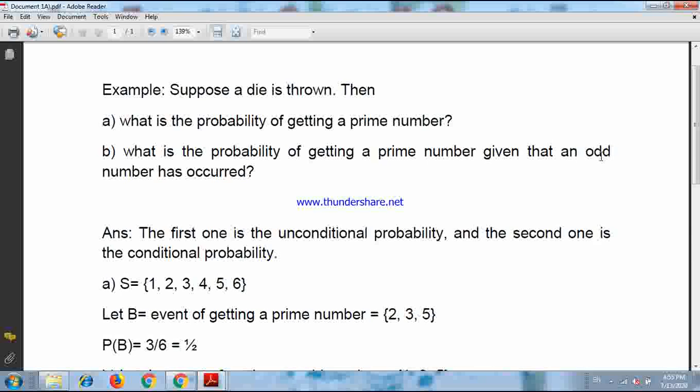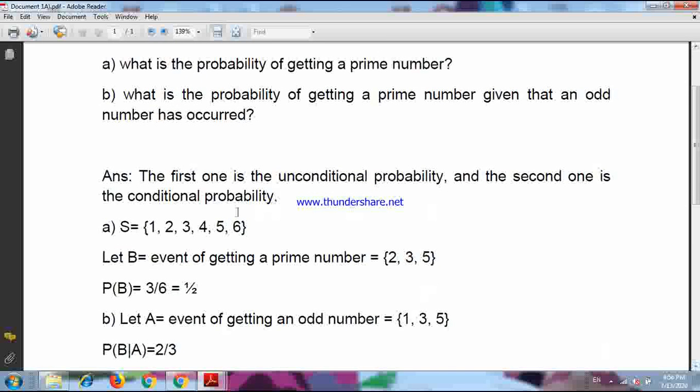And what is that prior information? An odd number has already occurred. So this is the conditional probability.